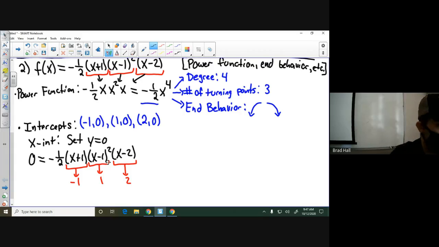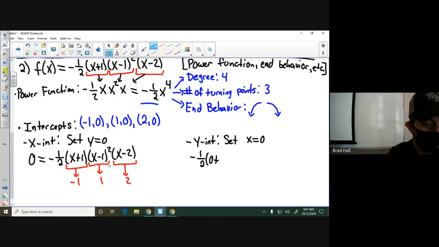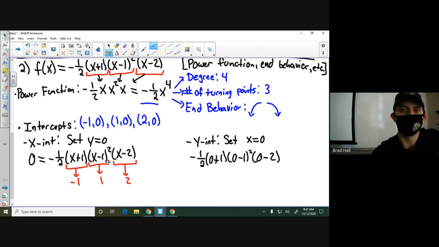And we can additionally find y-intercepts by setting x equal to 0. So I replaced every x with a 0.